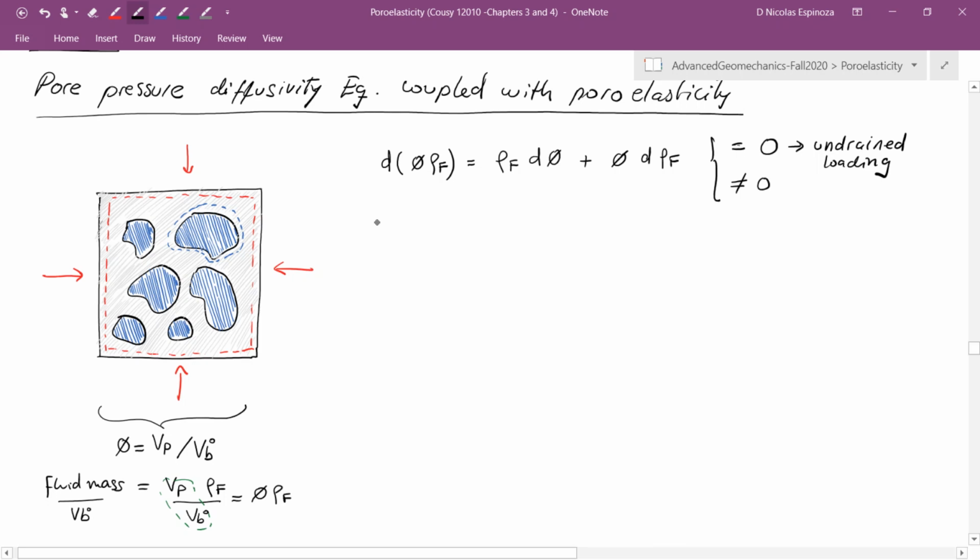Okay, so let's work with this equation, and for convenience, let me divide this by the density of the fluid. So the first term is just going to be the change of porosity, and the second term is going to be the change of fluid density divided by the original density.